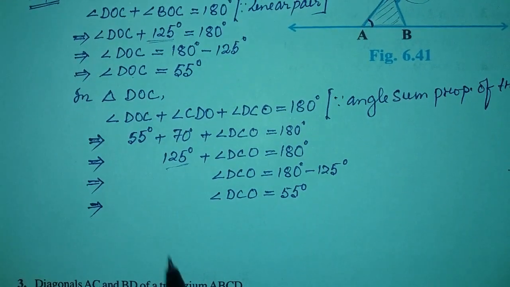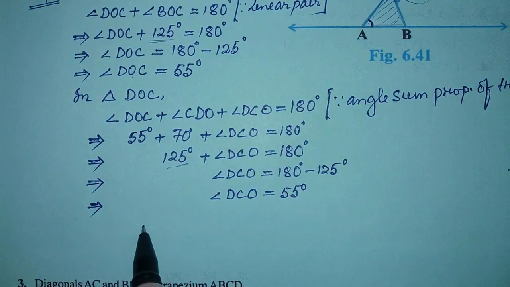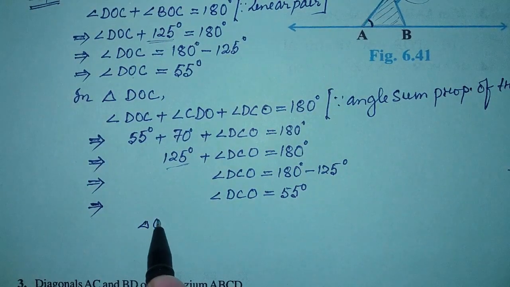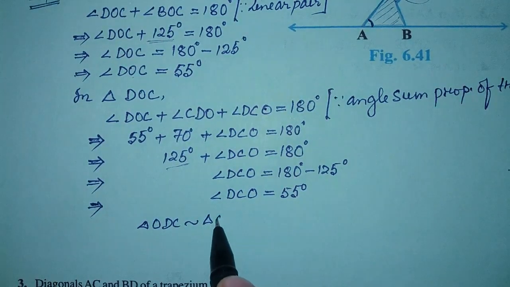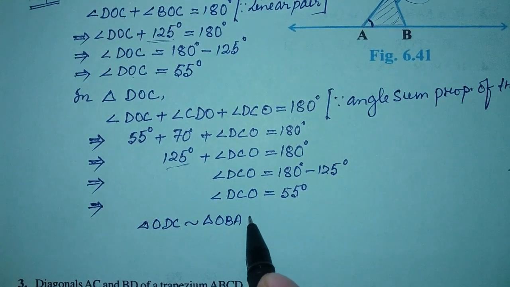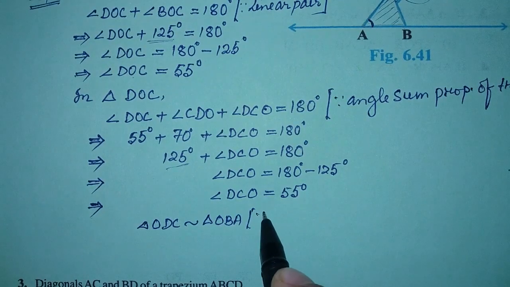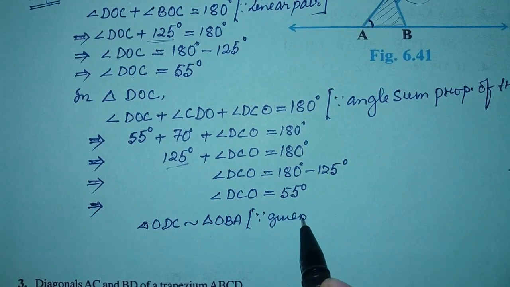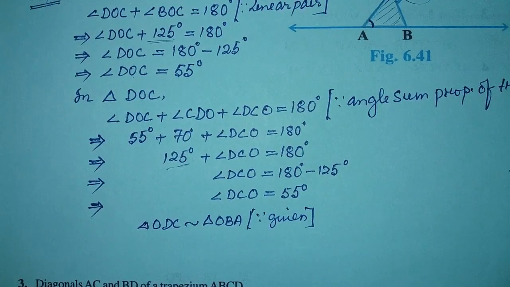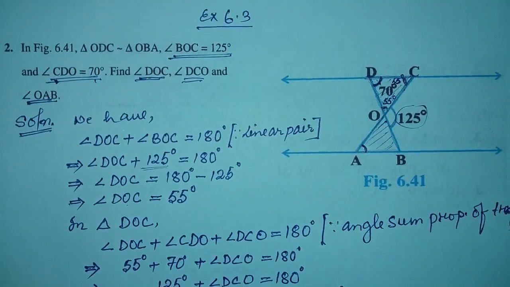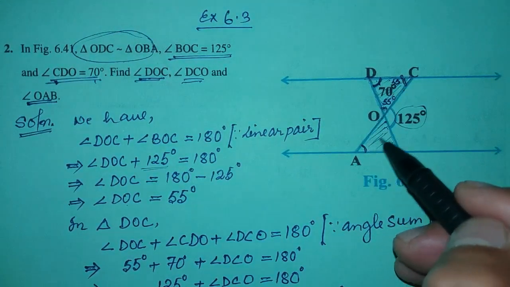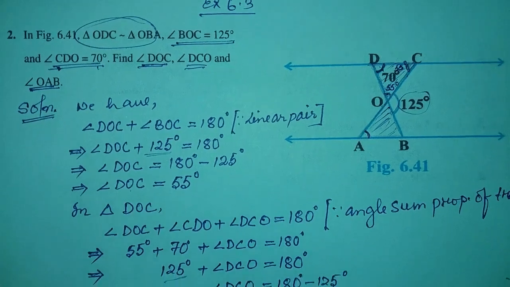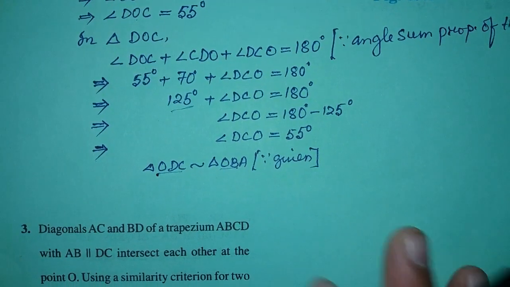So according to the question, triangle ODC is similar to triangle OBA. This is given. Since these two triangles are similar, the corresponding angles are equal.